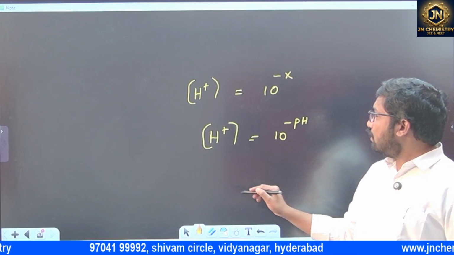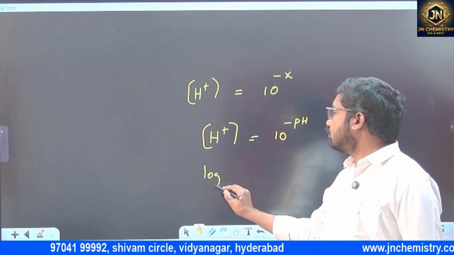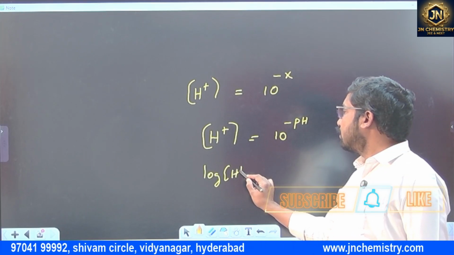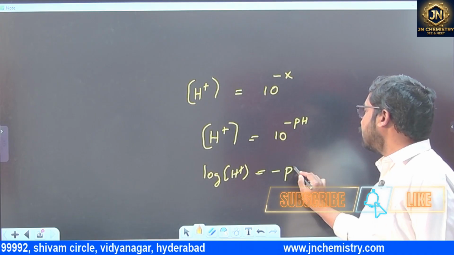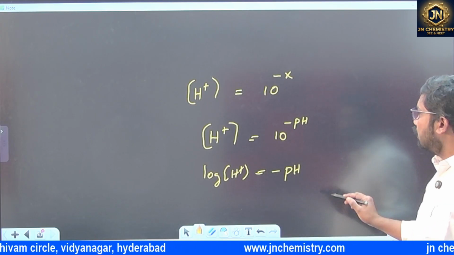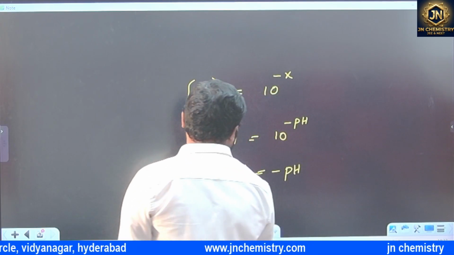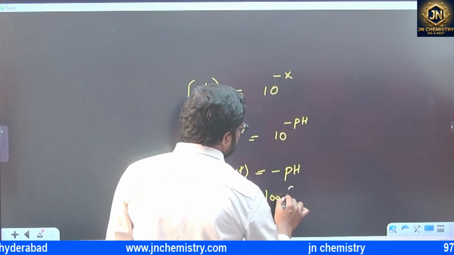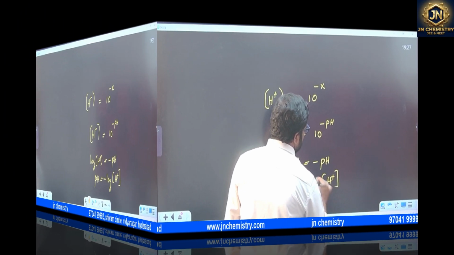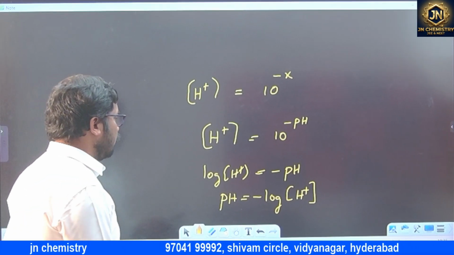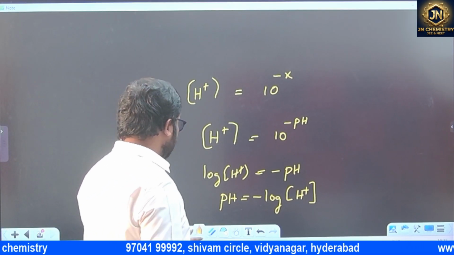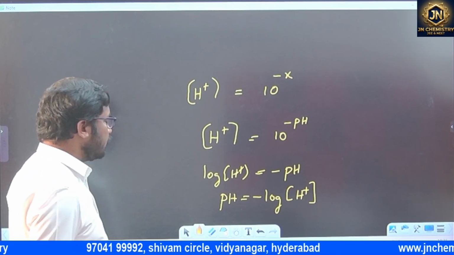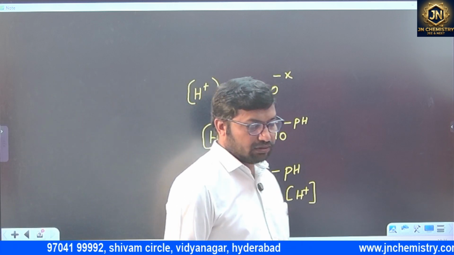So if you apply the log, log H plus is equal to minus pH. So pH is equal to minus log H plus ion concentration.